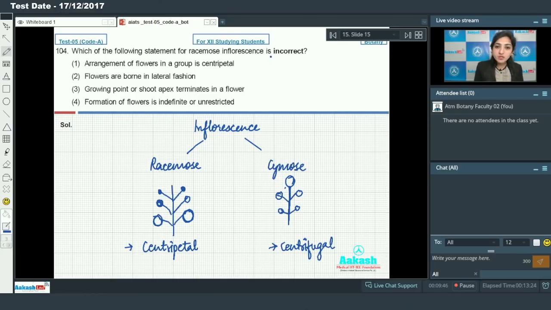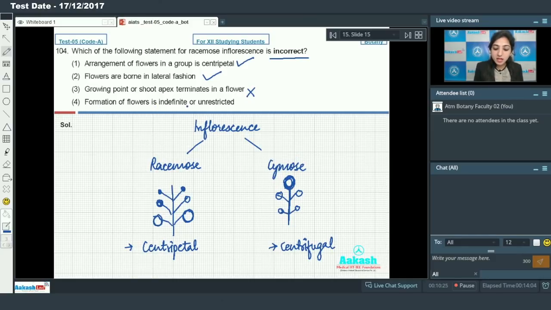Now looking at the options, which of the following statement for racemose is incorrect? Arrangement of flowers in a group is centripetal. This is correct. Flowers are born in the lateral fashion. This is correct. In racemose inflorescence, growing point or shoot apex terminates in a flower. No. In cymose inflorescence, growing point or shoot apex terminates in a flower, whereas this is not true for racemose inflorescence.